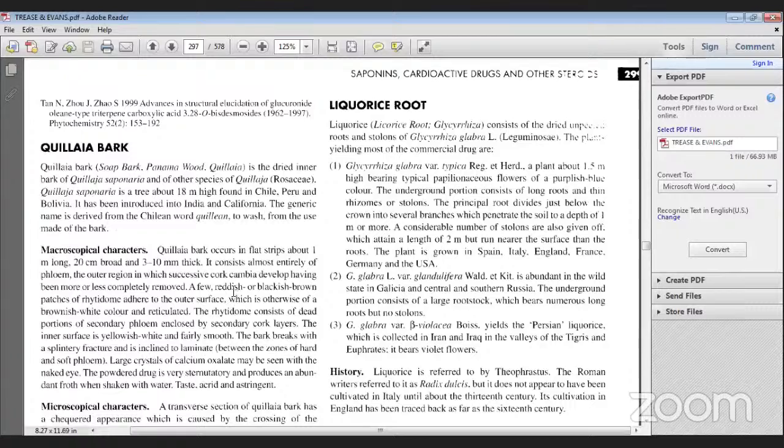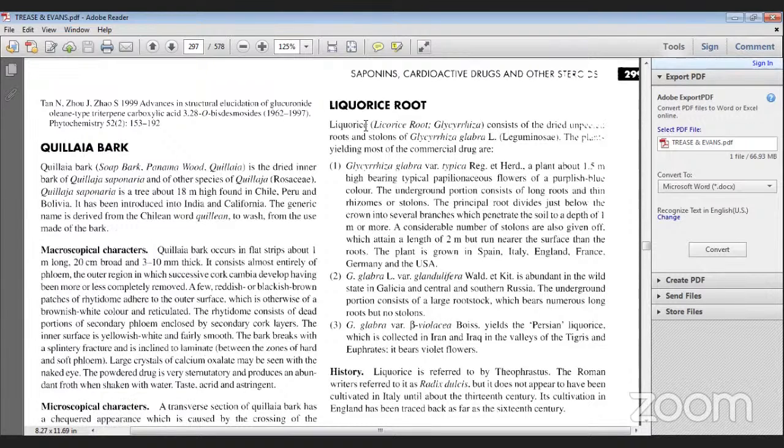Liquorice is the dried unpeeled roots and stolons of Glycyrrhiza glabra, belonging to the family Leguminosae. It contains not less than 3% of glycyrrhizic acid.